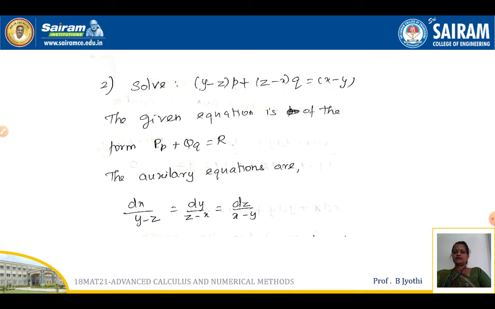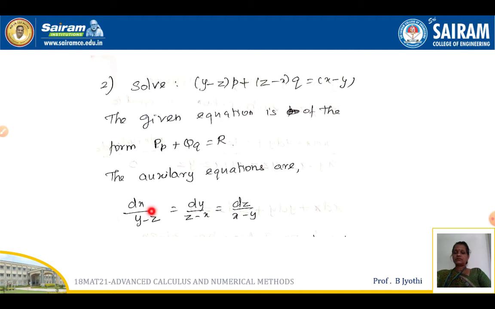In this case, even though we equate dx and dy or dy and dz, that is the first and second or the second and third terms, we will not be able to segregate the variables in such a way that y terms will be clubbed with y and the x terms with x. That is not possible.